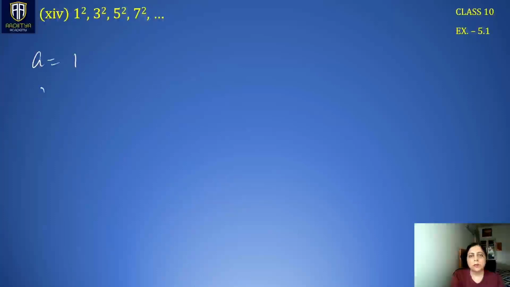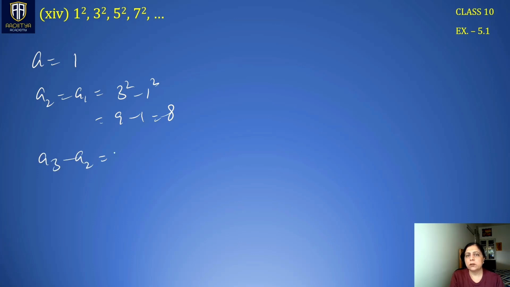So A is 1, A2 minus A1 is 3 square minus 1 square, 9 minus 1 is 8. A3 minus A2 is 5 square minus 3 square, 25 minus 9, which is 16. So this is not an AP.